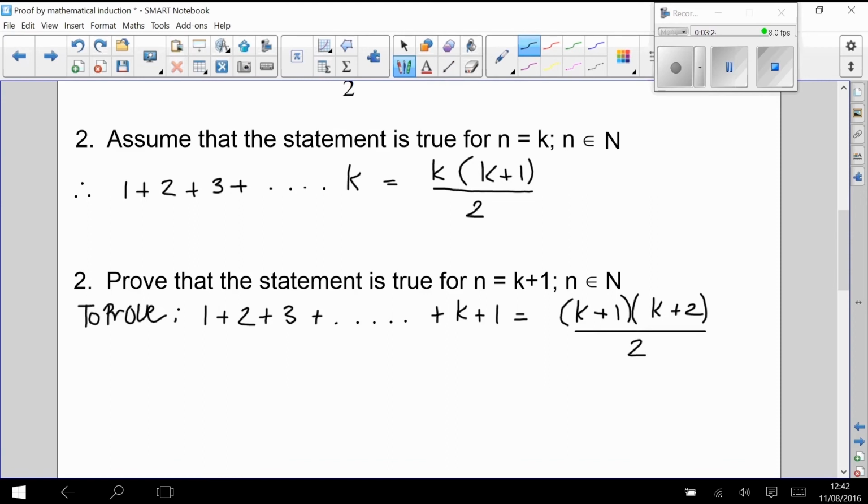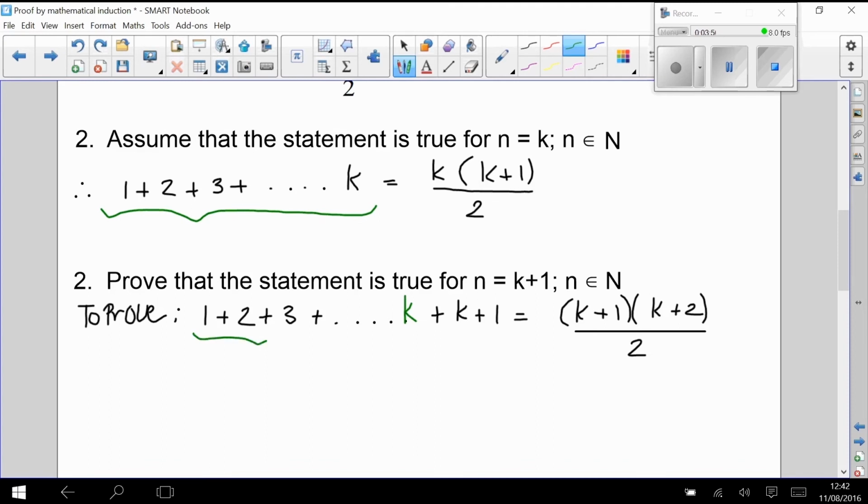Now, as I'm going to be proving, I want to prove that the left-hand side can look like the right-hand side. On the left-hand side, I'm going to fill in one more small piece of information. Can you see that the original statement over here went up to k? If I'm going to go all the way up to k plus 1, I could have written up to k and then k plus 1.